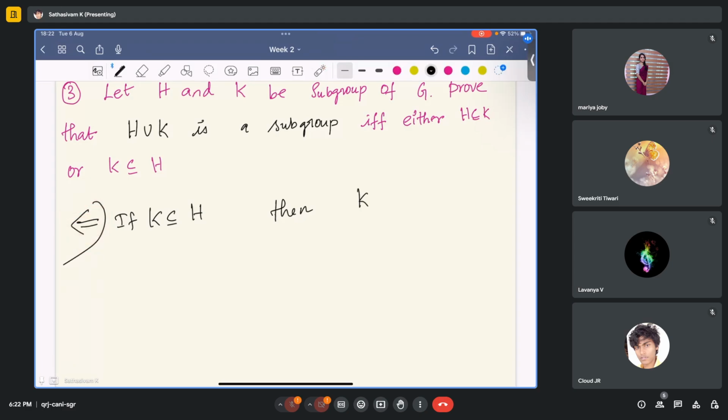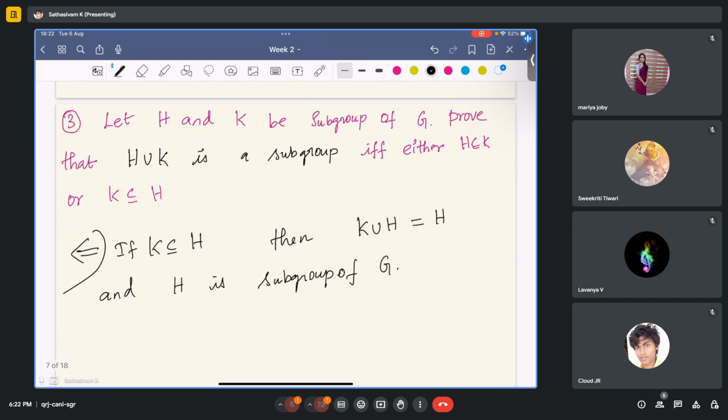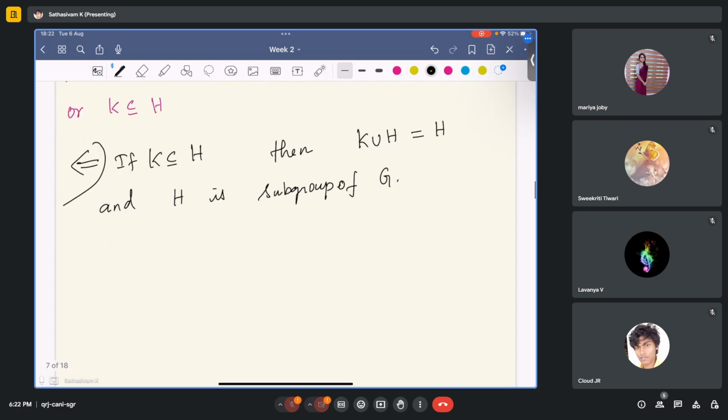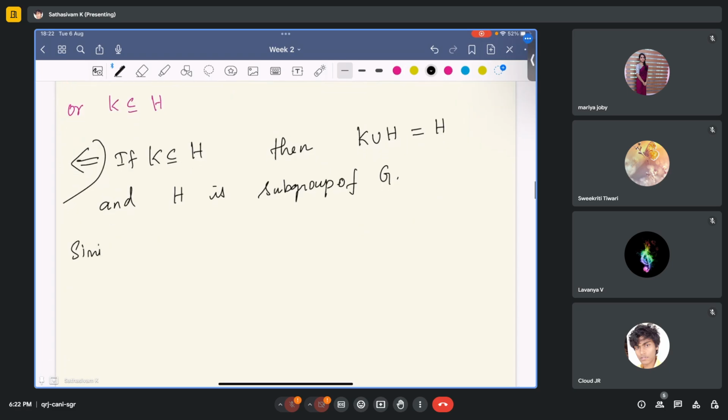So what is K union H? This is H, right? And H is a subgroup of G. So the union is a subgroup. And similarly, one can do the other case.